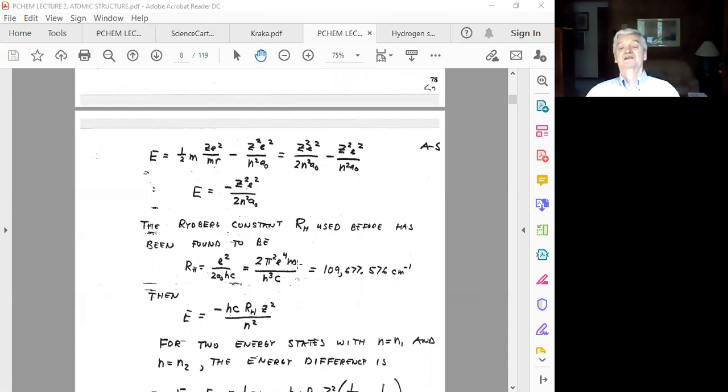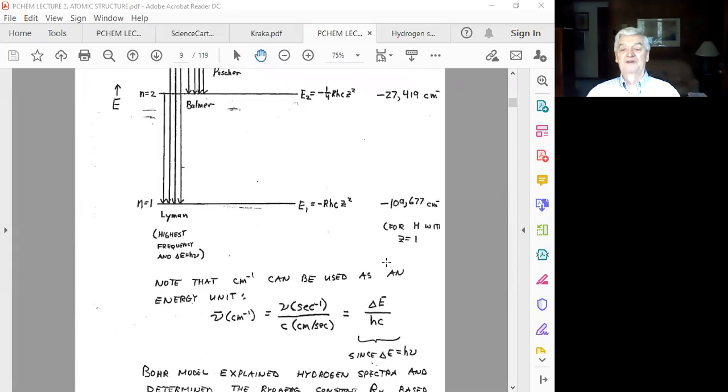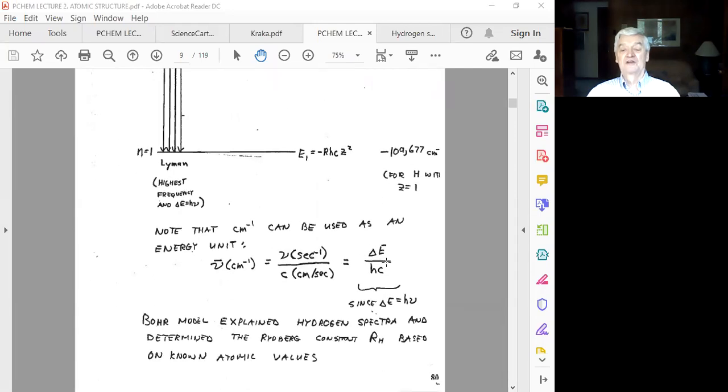Bohr could use these quantities simply by taking fourth powers and so on, and come up with exactly the number that had been observed experimentally, so people were just really amazed that atoms were now finally understood for the first time.